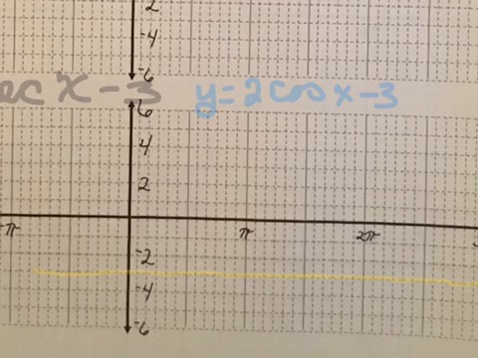All we need to do is draw the cosine function, stretch it 2 times as tall. So let's do this. Let's start at 0. We normally from our midline go up 1, but we're going to stretch it twice as tall. It's in the positive direction.